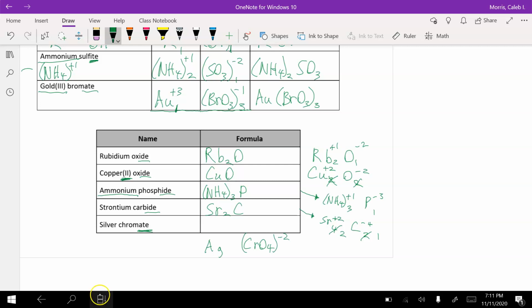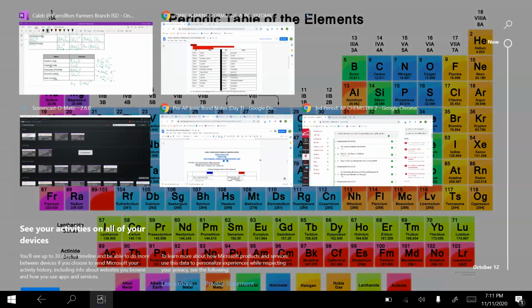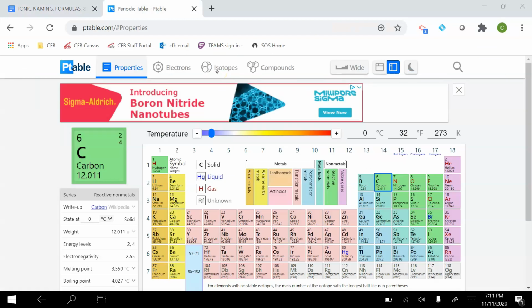And we got to find the charge for silver. If you don't have it memorized, look at the periodic table and you can remember it's right here. Remember that it's in that staircase. Silver, zinc, aluminum. So positive 1, positive 2, positive 3. Silver is positive 1.